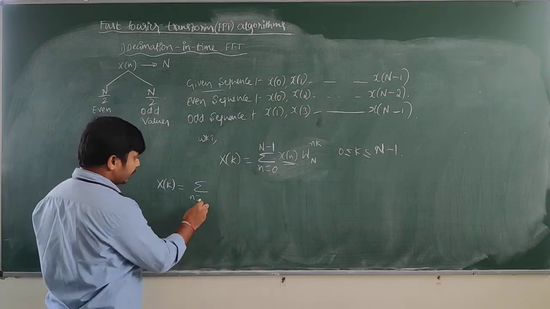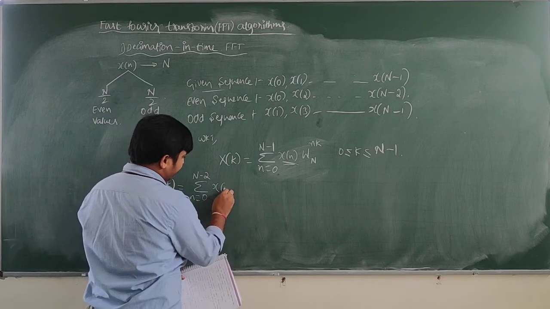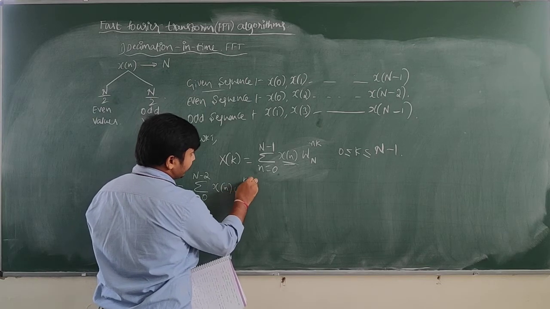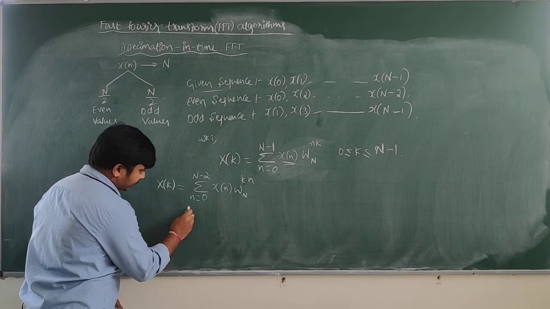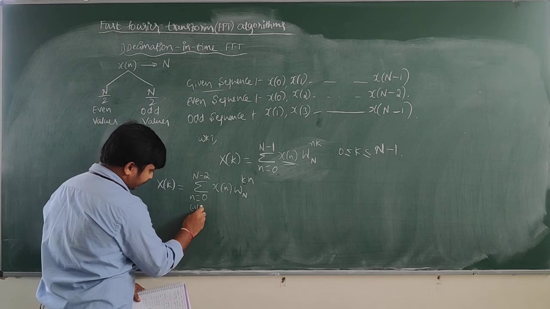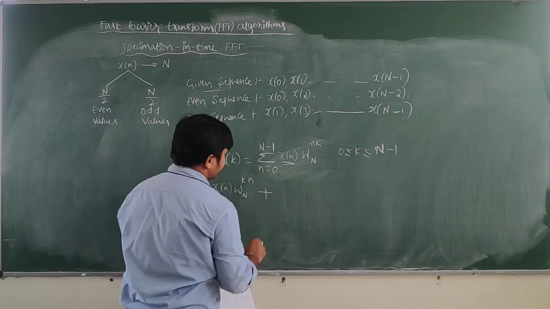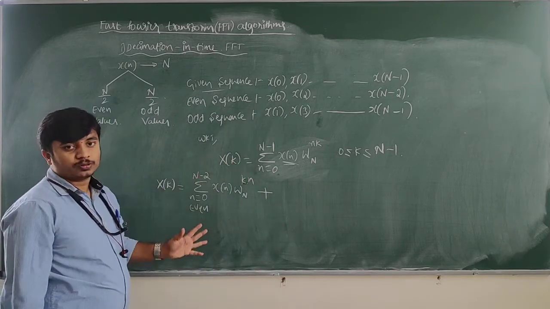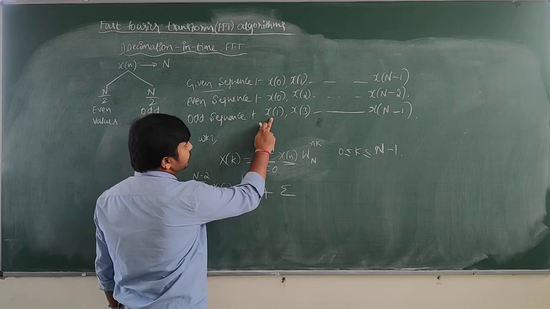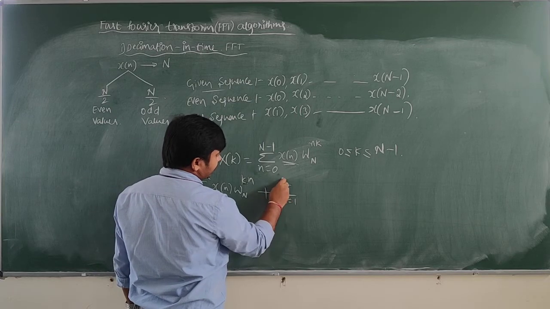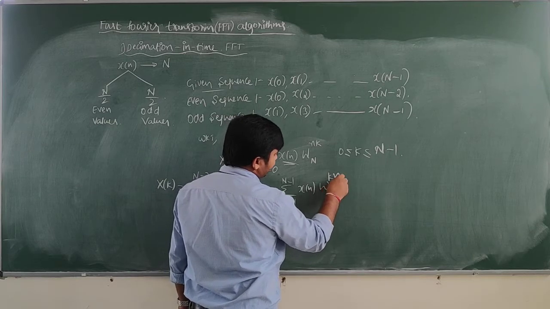Therefore, the even part is the summation for n equal to 0 to n minus 2 of x of n into W n power kn, plus the odd part, for which the limit is n equal to 1 to n minus 1, of x of n into W n power kn.